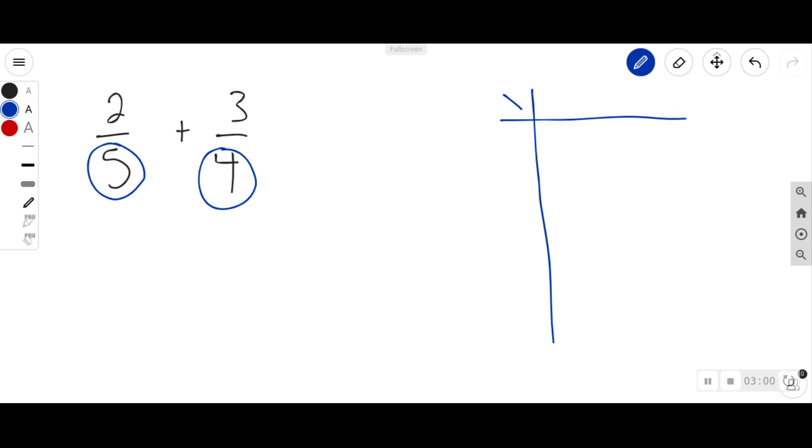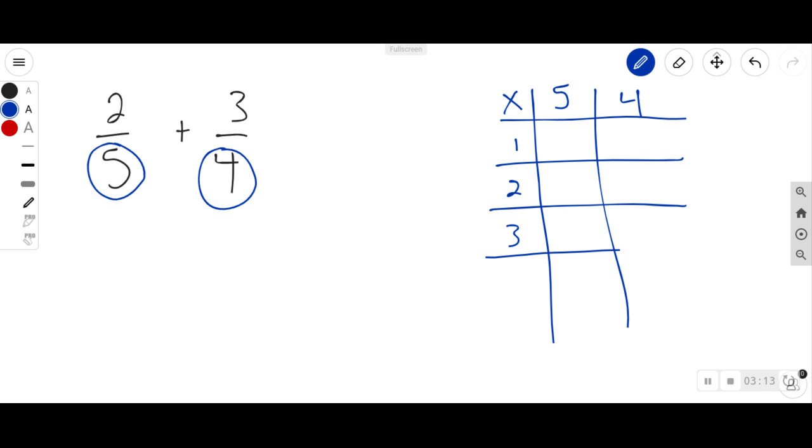I'm going to put a little times symbol there, and I'm going to put my denominators, 5 and 4. We're going to make a t-table. And we're going to put 1, 2, 3, 4, 5. I'm going to stop there, but this table can go as far as you need to.